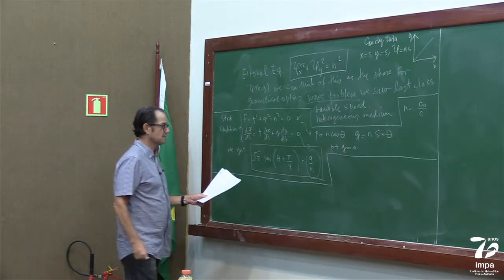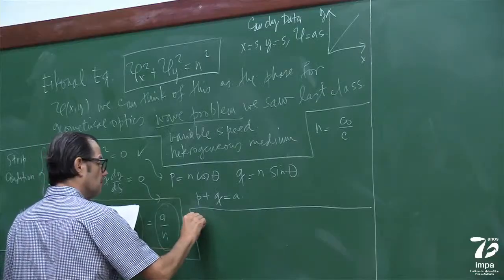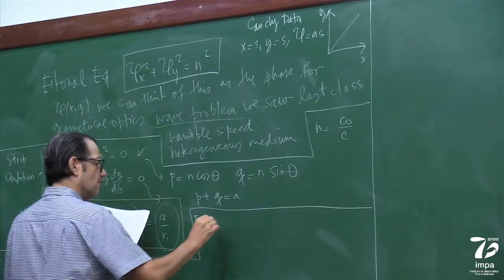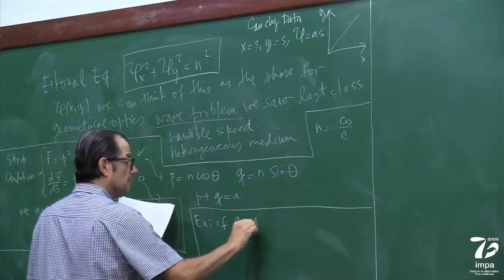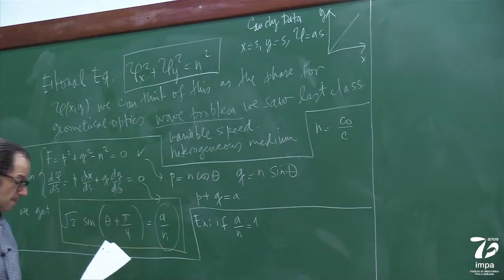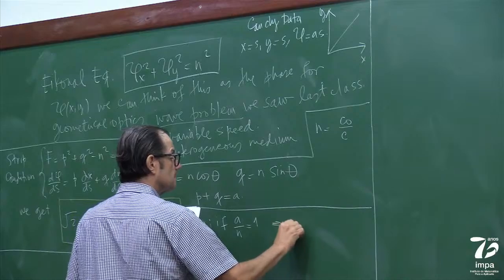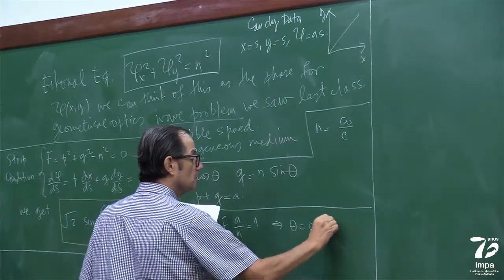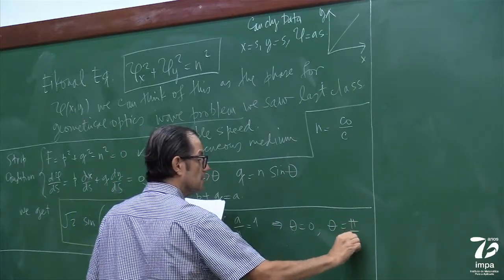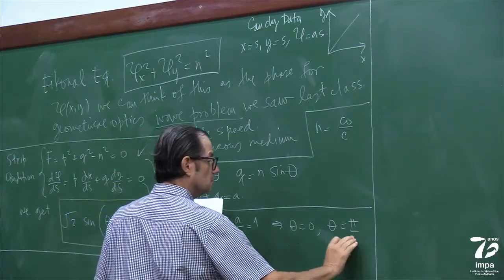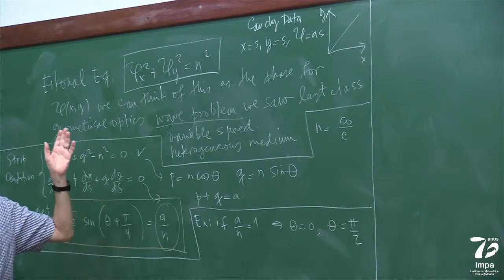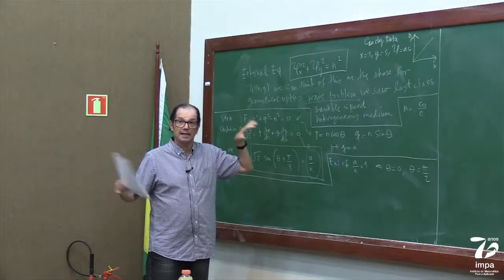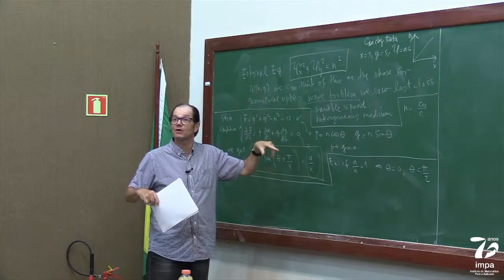So the first one is this, which I did not mention last time. As an example, if A over N is equal to 1, this implies that theta is 0 or theta is pi over 2. Right now, this is just a trigonometric fact. At the end of the exercise, you will see what this means.